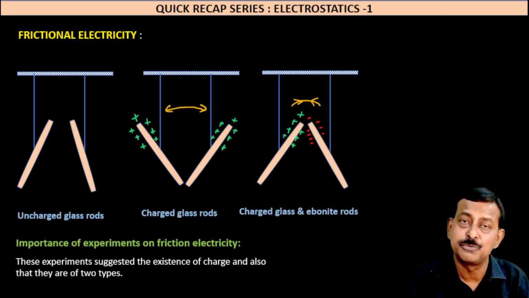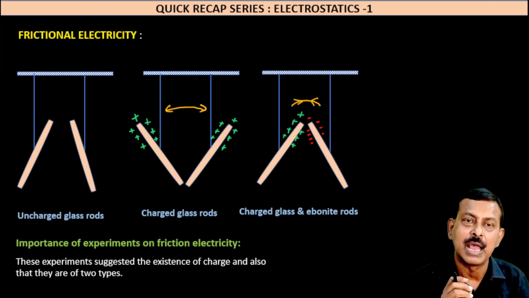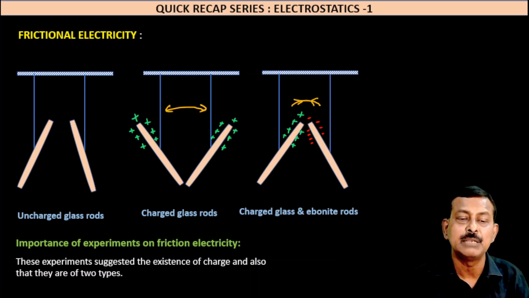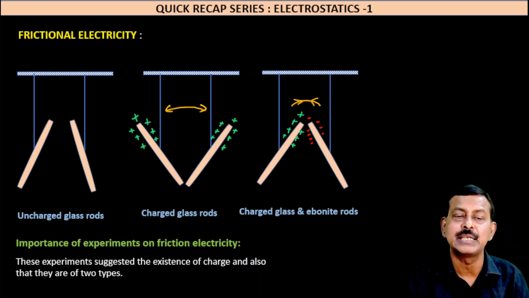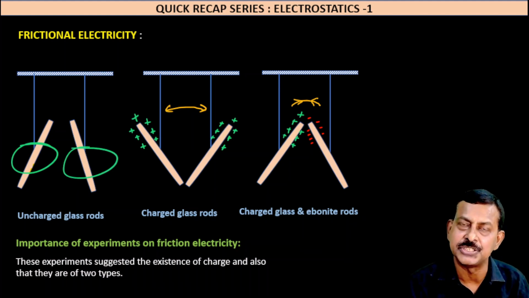Now let's take frictional electricity. Suppose we take two glass rods and suspend them by means of a thread, kept side by side. If they are uncharged, they will lie in any orientation. Suppose this is the first one and this is the second one, lying in any orientation.